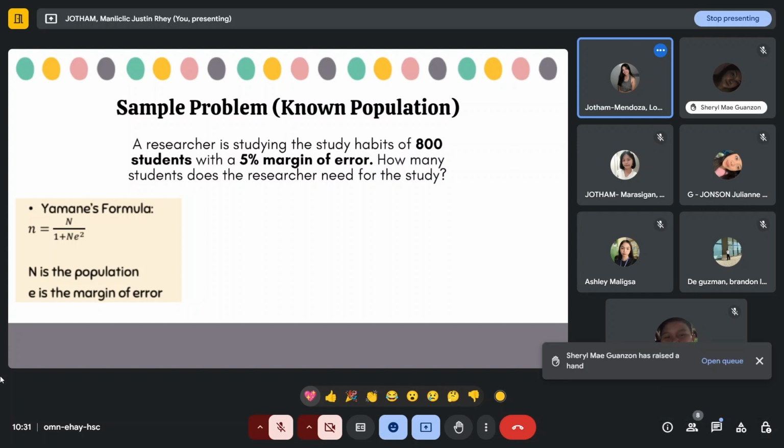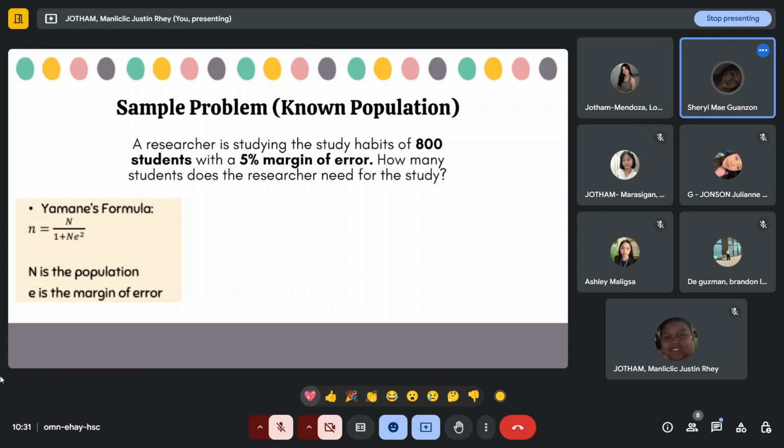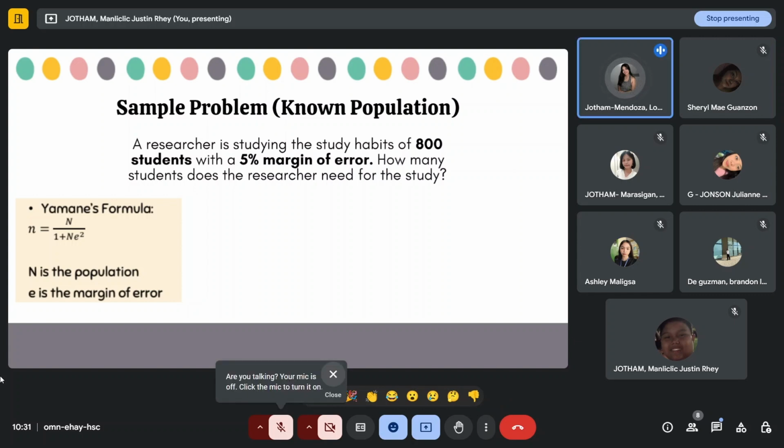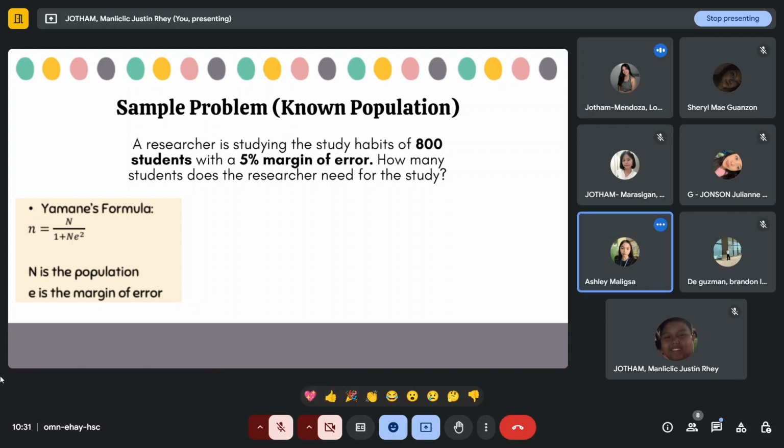So, who would like to answer this question? Okay, Cheryl. 800 students po, ma'am. Okay, 800 students is the population size. How about the margin of error? 5% po, ma'am. Correct.